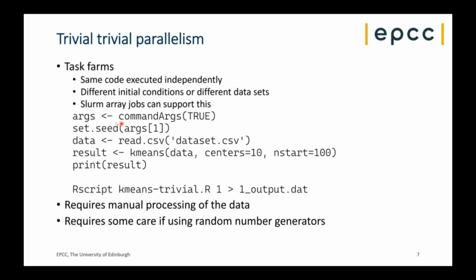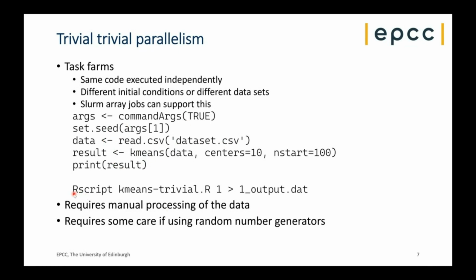So here's an example where in R we're reading in command line arguments, and we're taking the argument that's passed to R to set a seed for a random number generator. We're reading in a data set, and then we run a k-means analysis on that data set and produce the result.